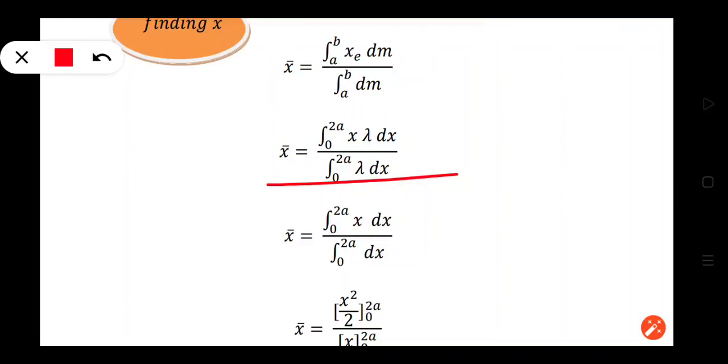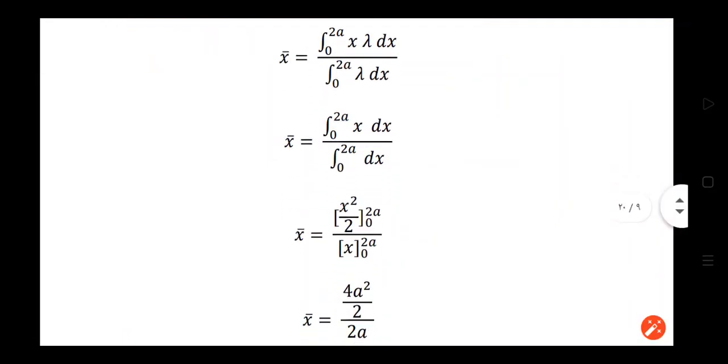We can cancel lambda with lambda, which are constant for the same body. Then the integration will be integration from 0 to 2a for x dx over integration from 0 to 2a dx.